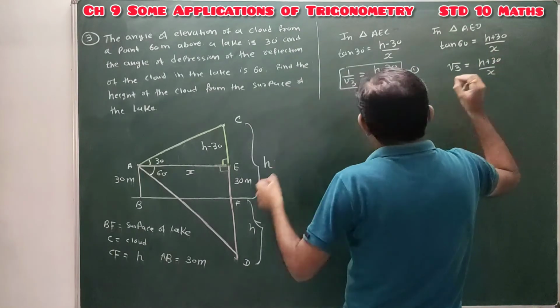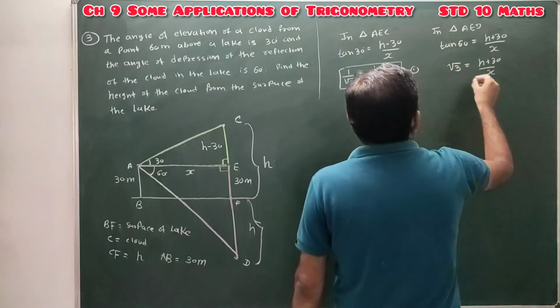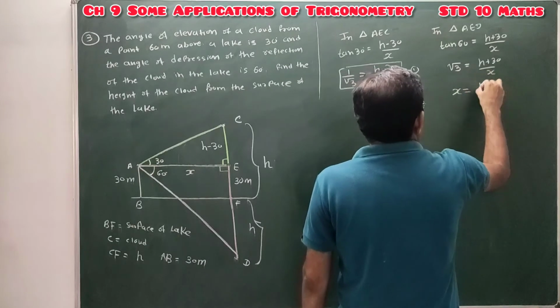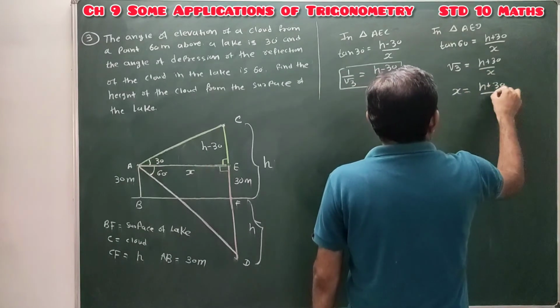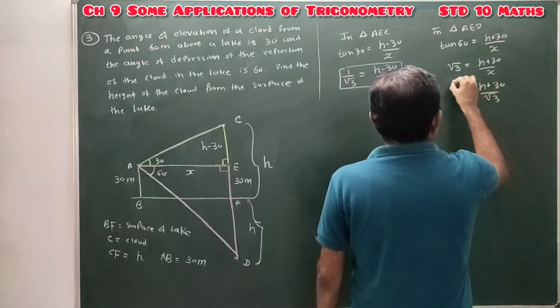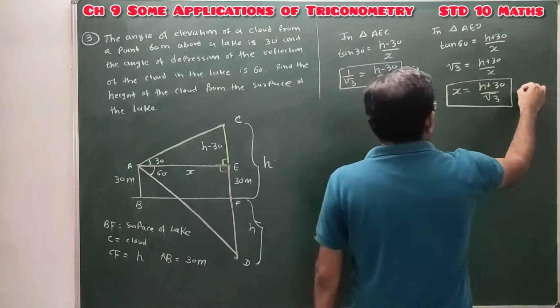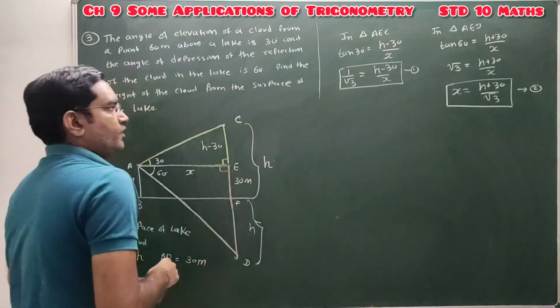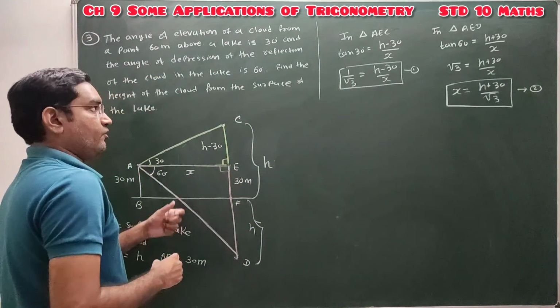Here you have to find the value of this h, so we will eliminate this x. So from equation 2 we can write x equal to h plus 30 by root 3. So this is result 2. So from result 2, put the value of x in equation 1. So we are getting equation in terms of h.